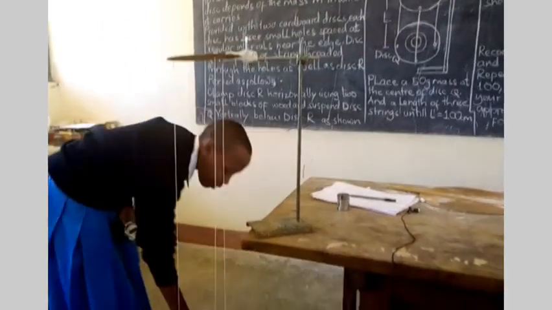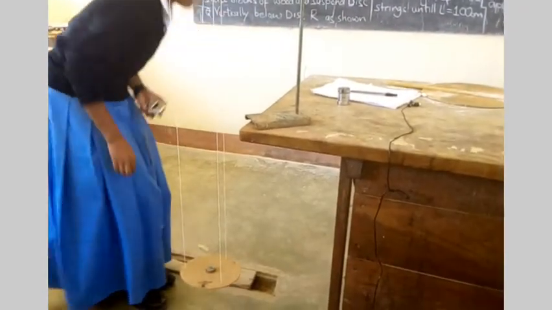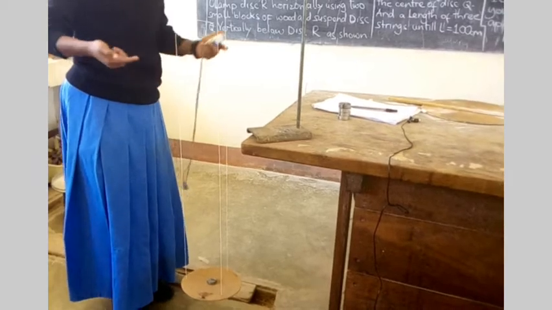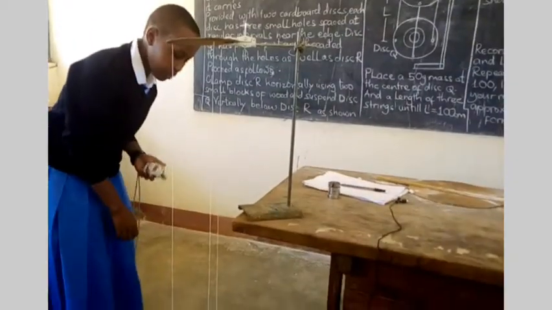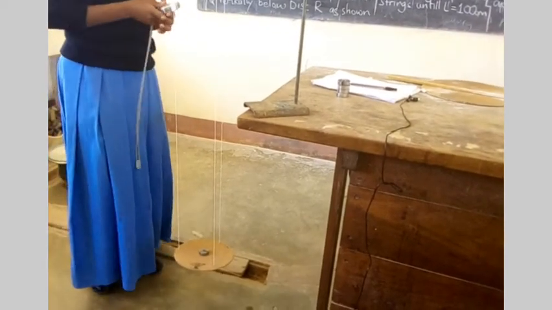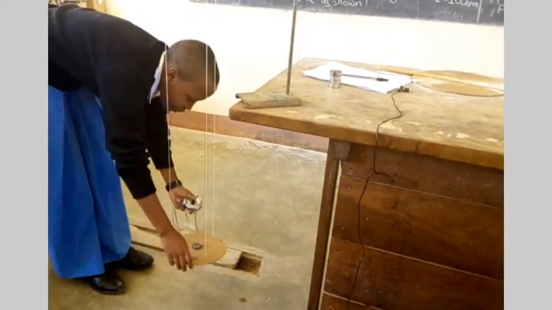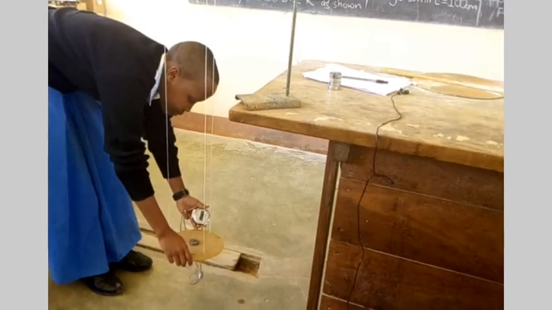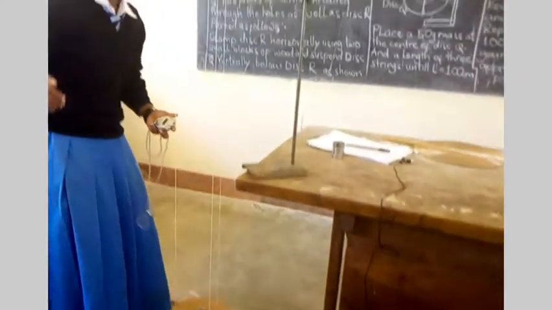So we place our mass at the center of the disk, and then we displace the disk at a small angle, so that it can move to and fro. After displacing our disk at a small angle, we start counting 10 oscillations.